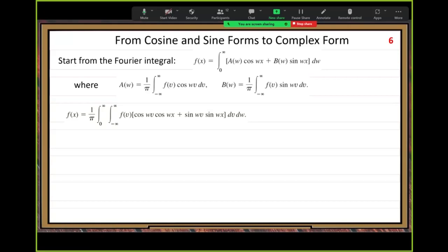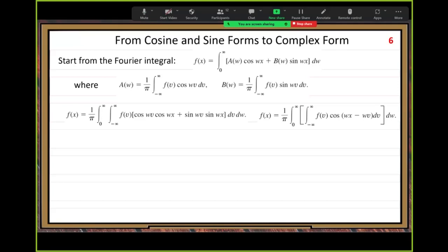So this formula can be simplified to f function times cosine of wx minus wv. So the new form, the first step.